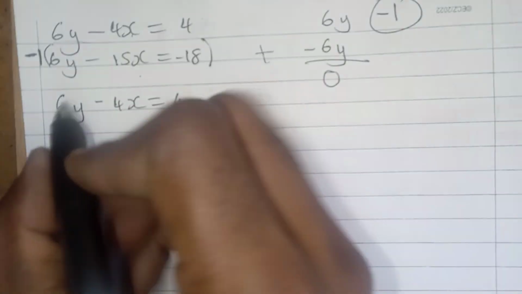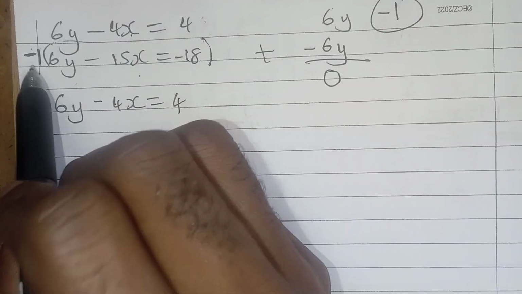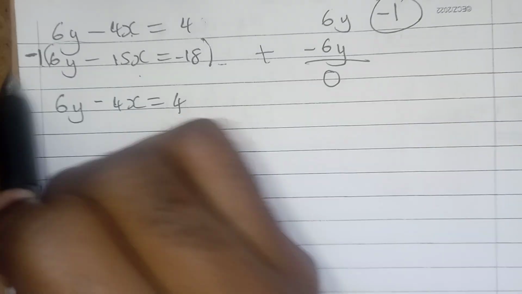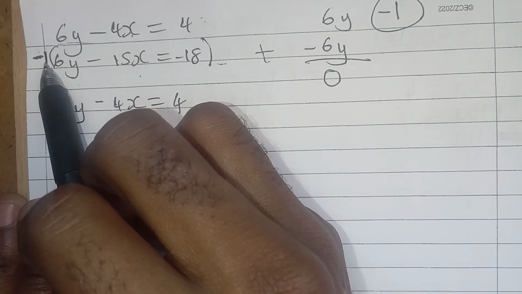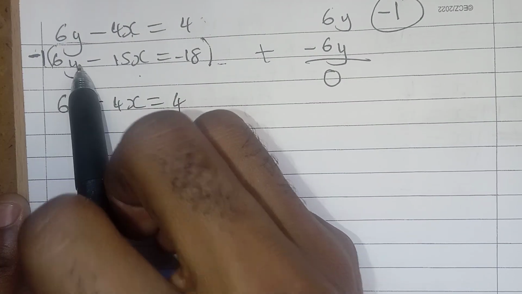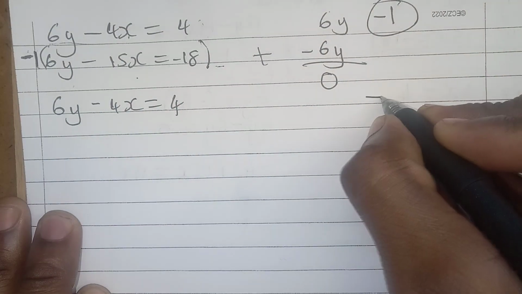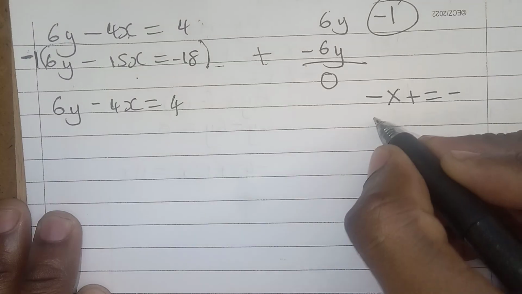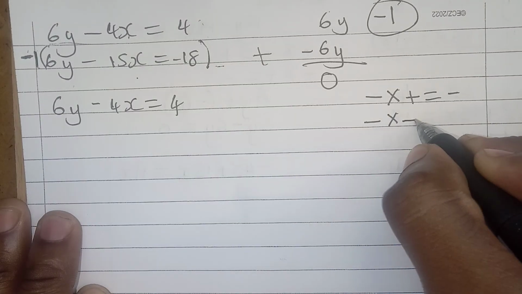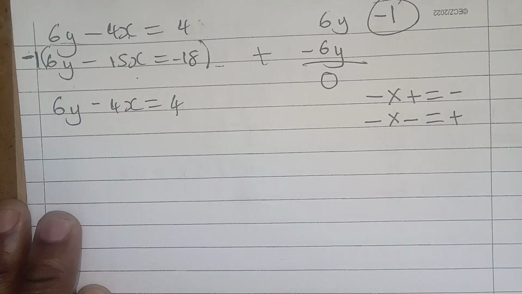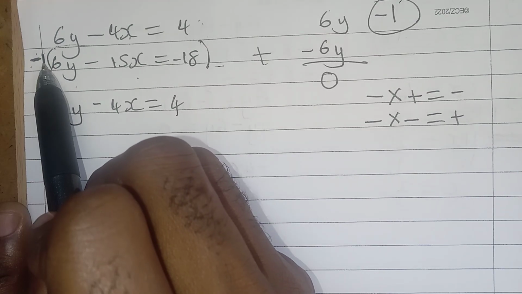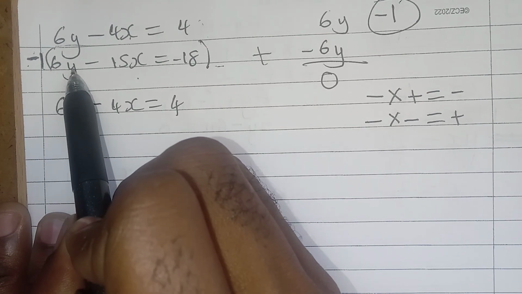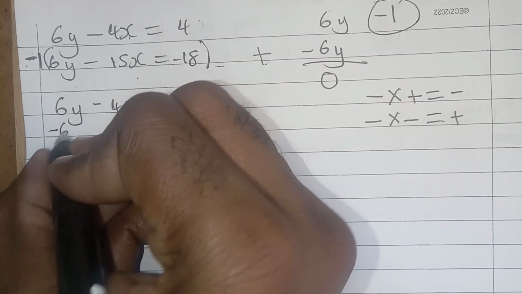So when you expand this one here, you have negative 1 multiplied by 6y. Remember, negative times positive is negative, and negative times negative is positive. So negative 1 times 6y gives negative 6y.